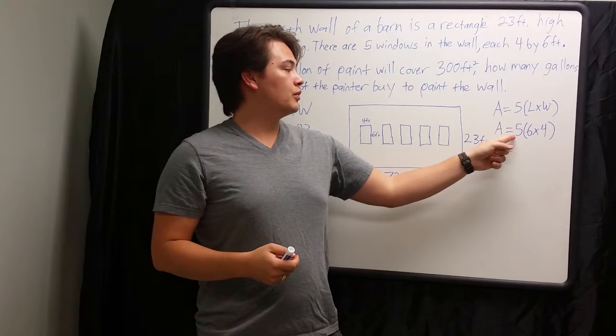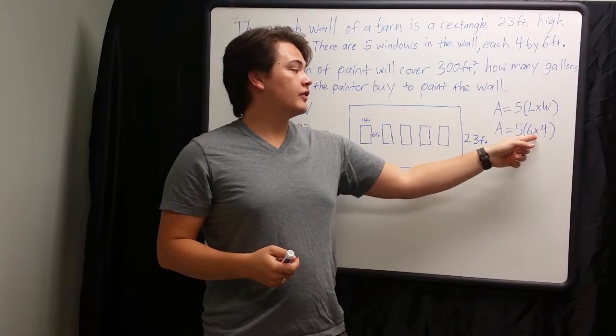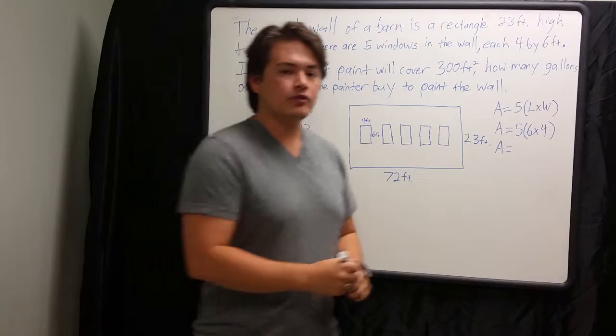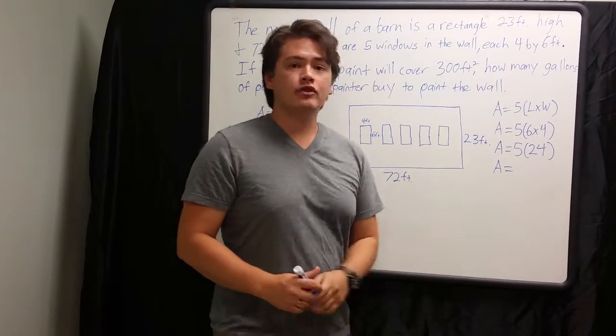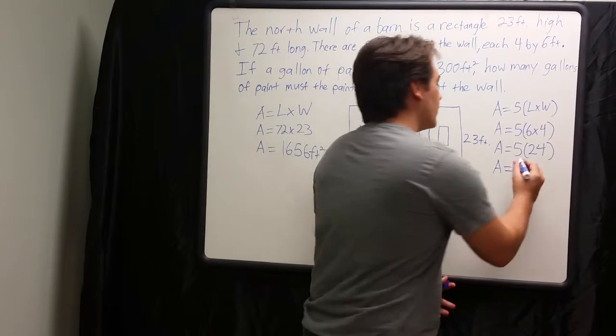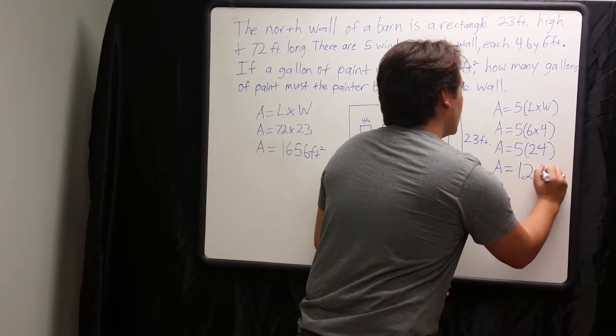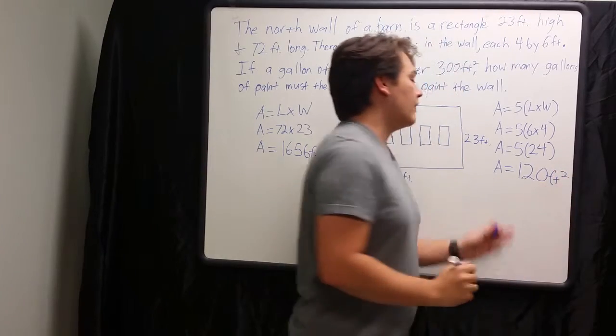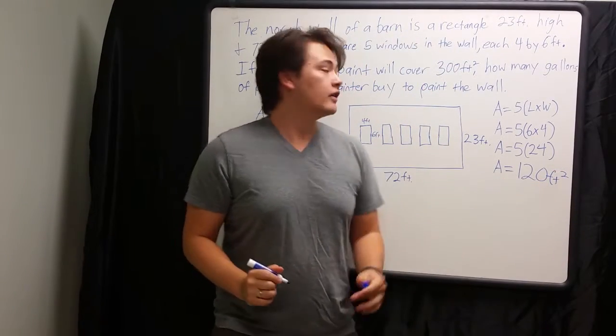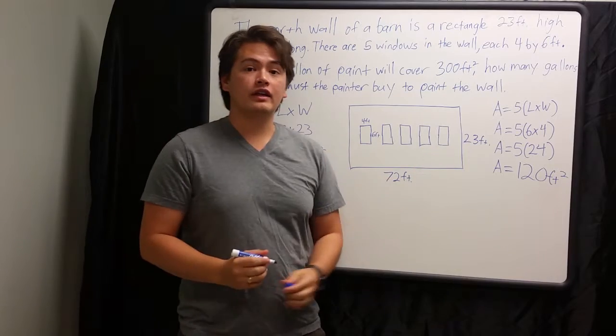So area equals 5 times 6 times 4. 6 times 4 is going to give me 24. Now we have 5 times 24, which is going to give us 120 feet squared. And this is the total area that these windows are taking up.